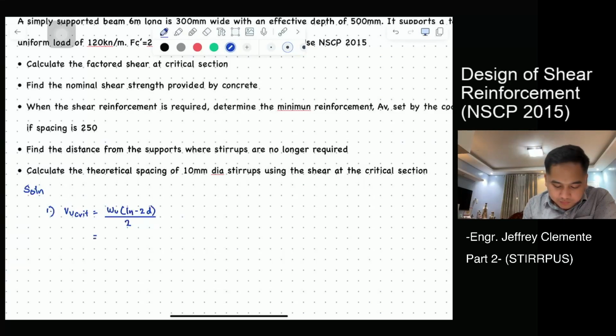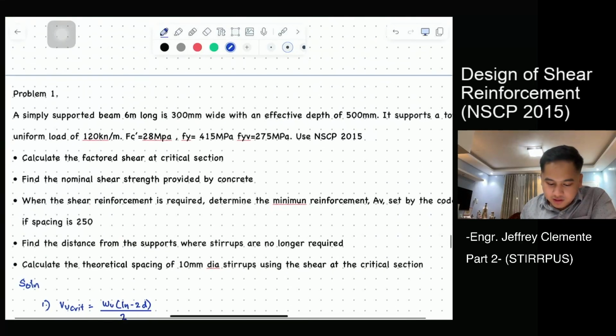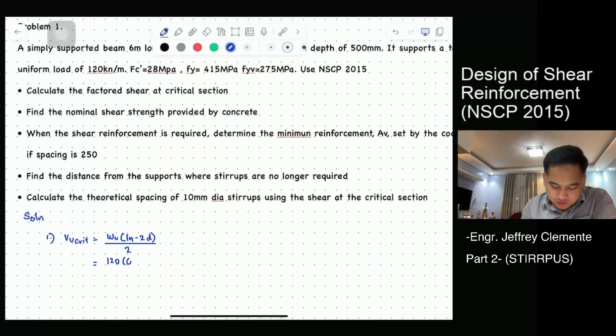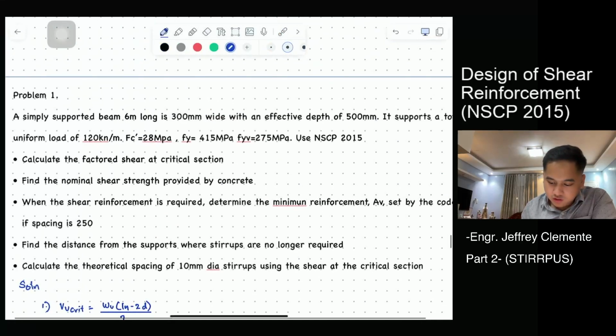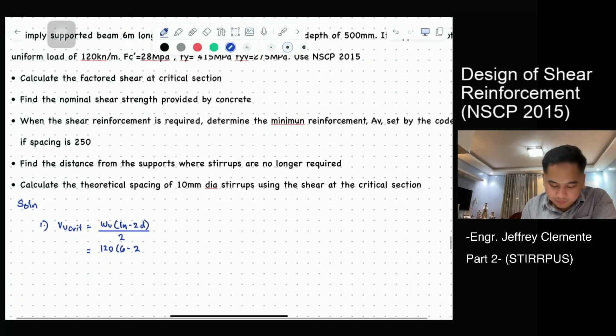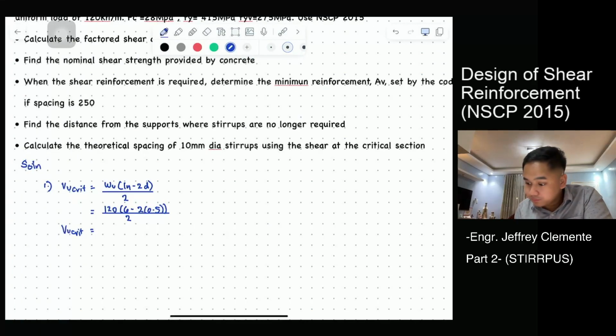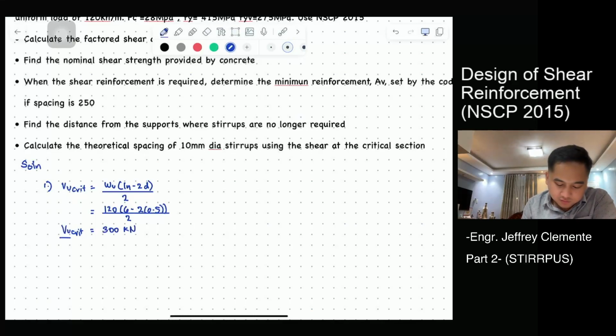So if we solve it, magkakaroon tayo ng 120 kilonewton times yung length niya is 6. So we'll have 6 minus 2d. Ano yung d? 0.5 kasi 500 mm daw eh. 0.5, all over 2. So we'll have Vu critical na 300 kilonewton.